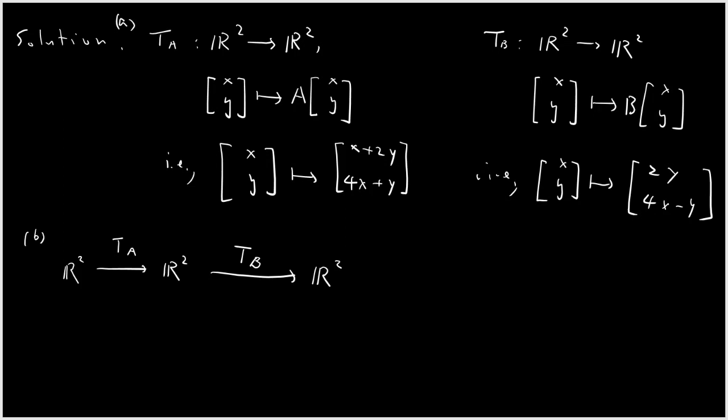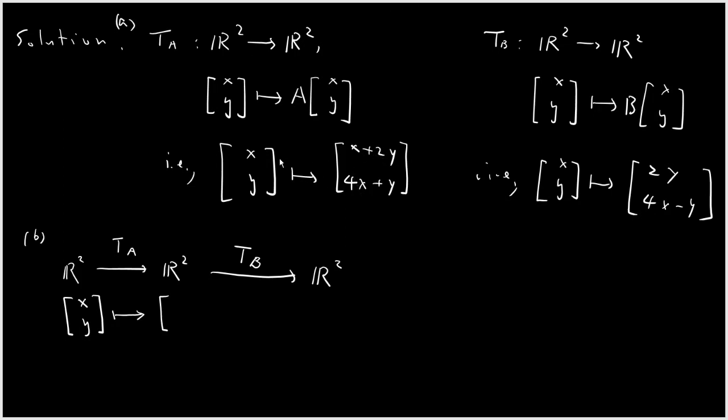Good enough. And then we figure out the rule. Every vector in the domain of the composite: the domain of the composite is the same as the domain of T sub A. We apply T sub A onto xy.